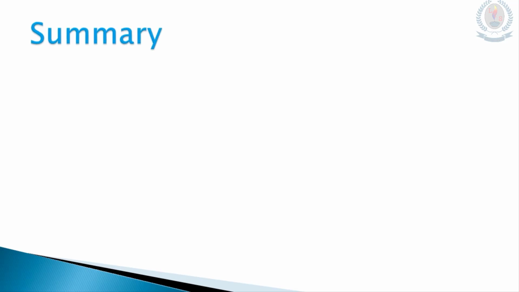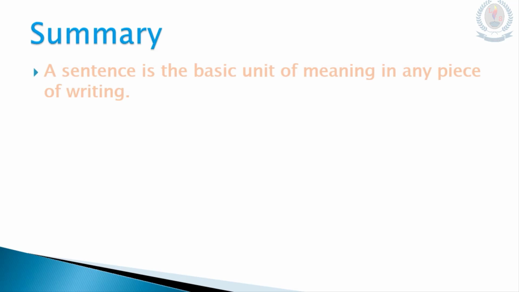As we have come to the end of the lesson, I am going to summarize what we learned today. First, we learned that a sentence is the basic unit of meaning in any piece of writing.